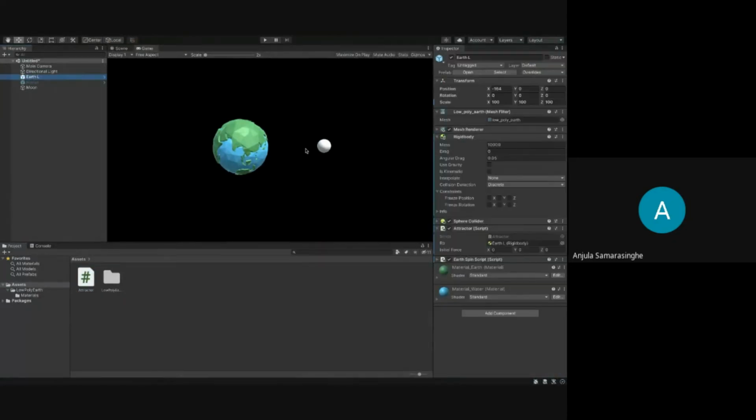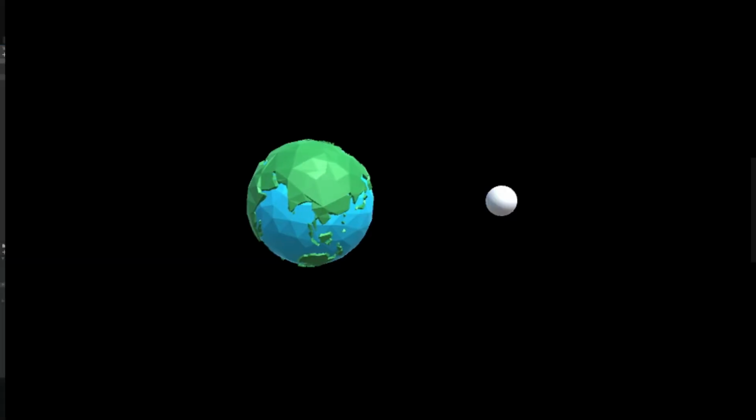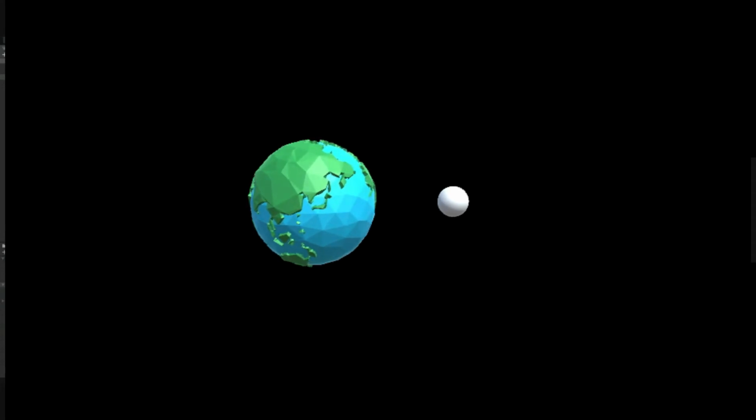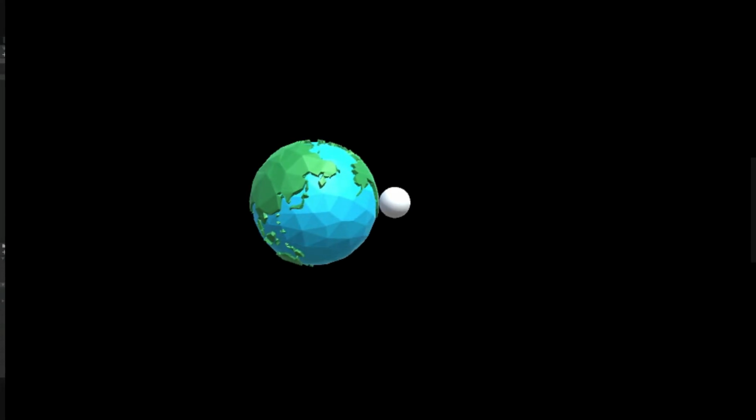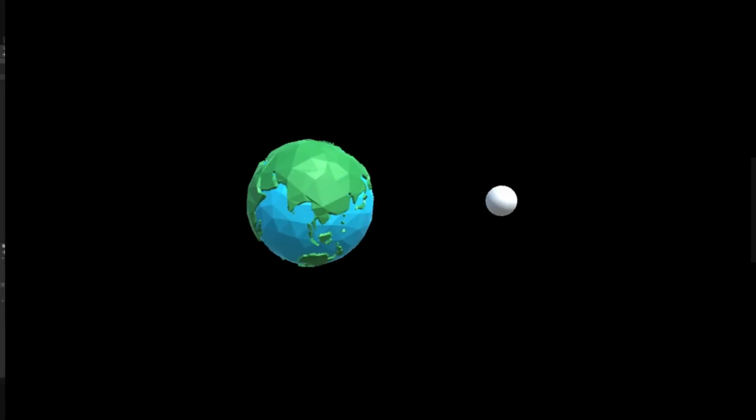So here's the simulation. Let's see what will happen when I run it. As you can see, the moon gets attracted to the Earth. Let me run it again.